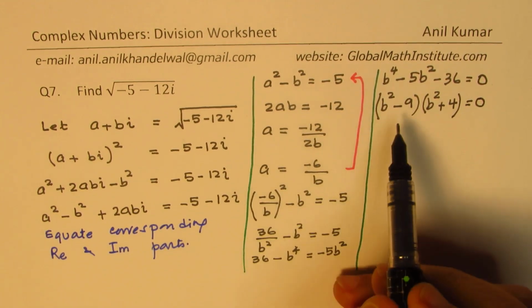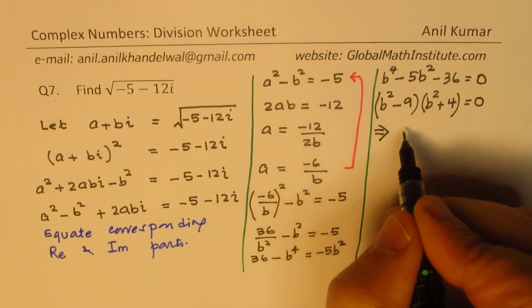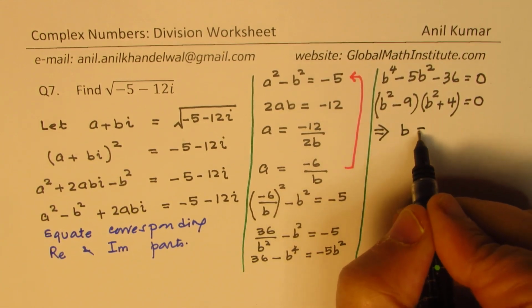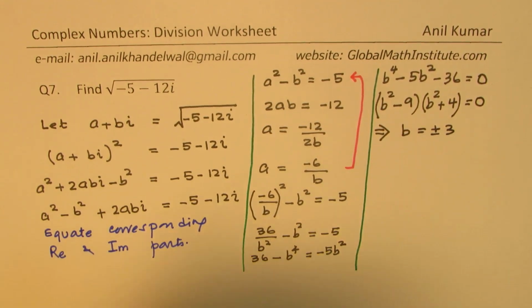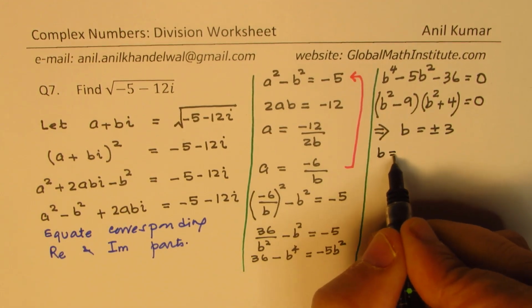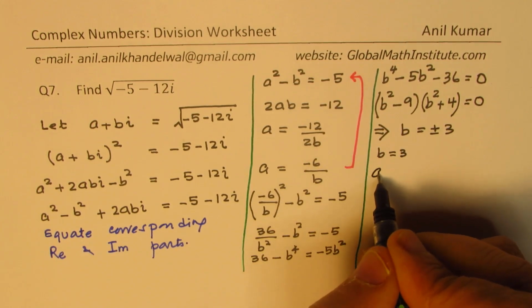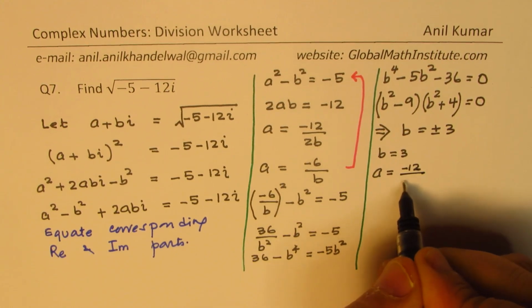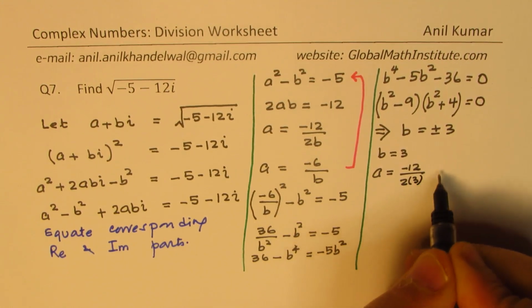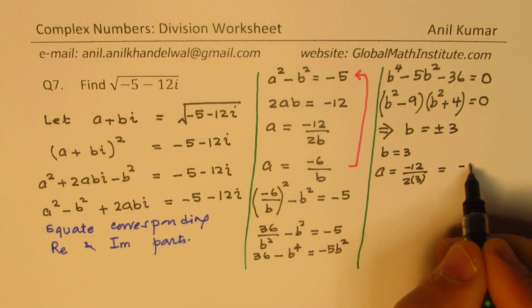Now that gives you the solution b equals plus minus 3. So we have two solutions for b. If b equals 3, in that case a is equal to minus 12 over 2 times 3, which is minus 2.